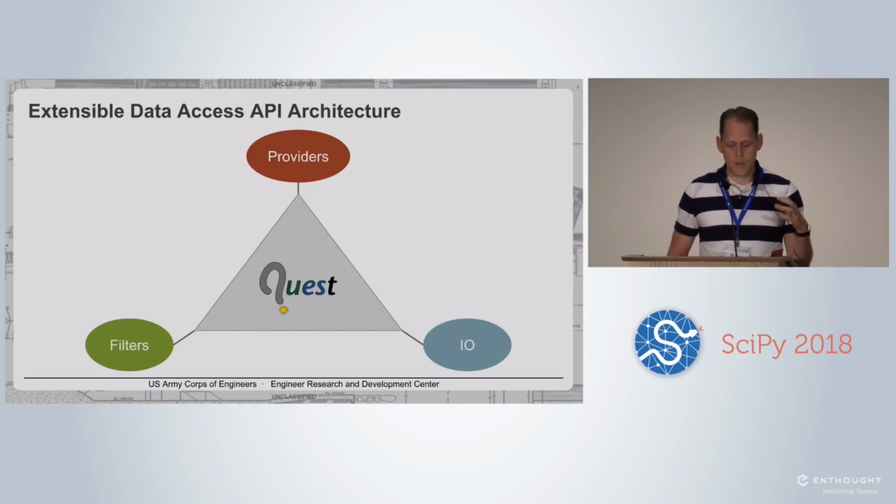And so Quest itself is this extensible framework. There are 3 different types of plugins. We call data sources, like I just showed, providers. So there are provider plugins that describe how to connect directly to different data sources and download that data. Filters are just ways of transforming data. And then I/O, just getting data on and off of disk.